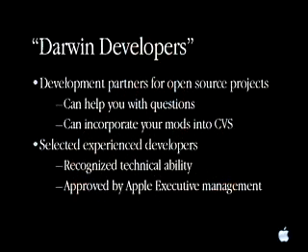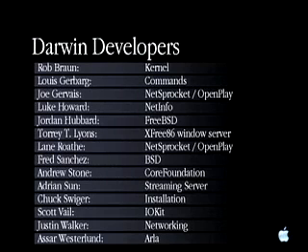These developers are folks that the community and the core team of Darwin have selected for technical ability and well-known participation in the open source community, and folks that are approved by Apple executive management, so that we are giving them access to our repositories, like I said. And there's quite a number of people who are involved in this. Here's a list of some of the key people involved.